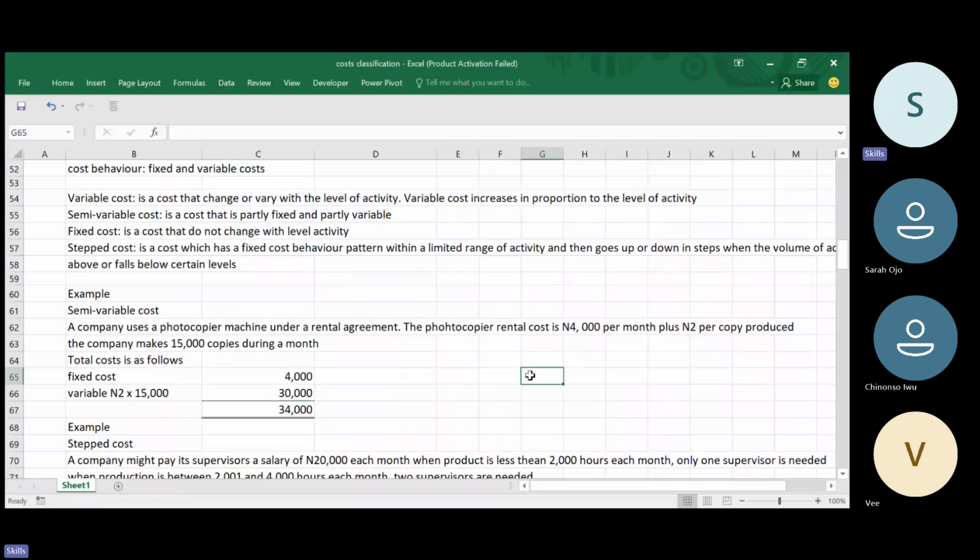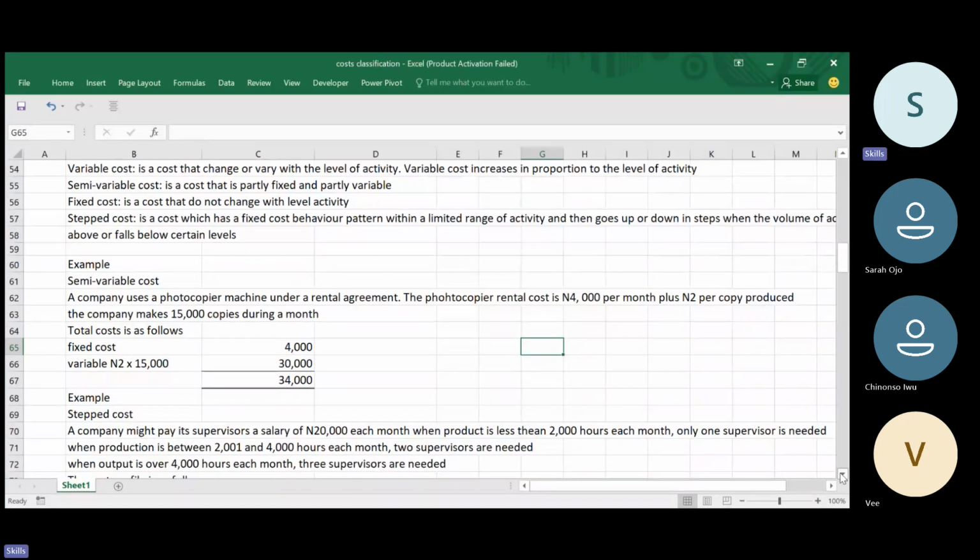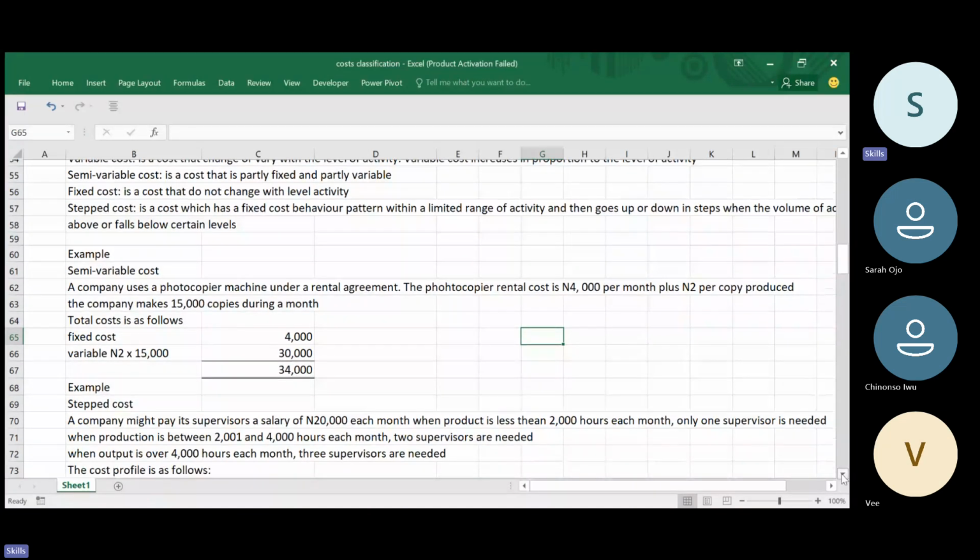Okay, so the next one, example of a step cost. A company might pay its supervisors a salary of 20,000 naira each month.